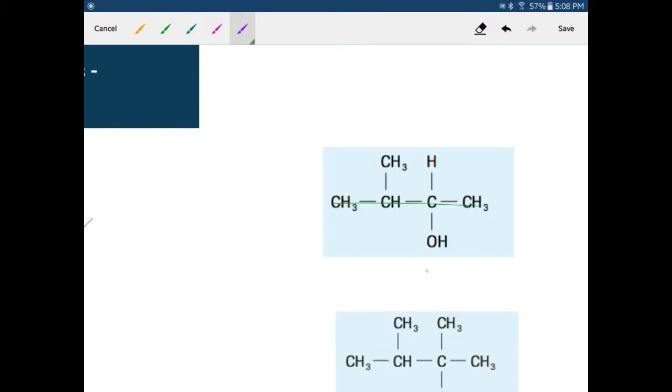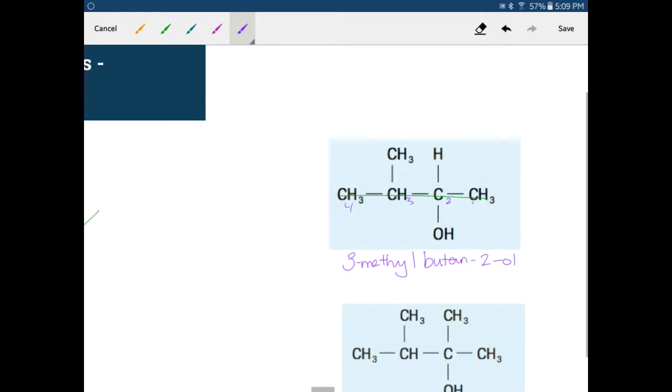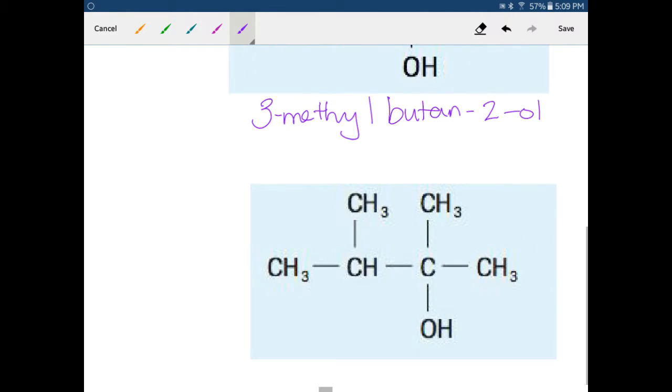I have 4 carbons in that parent chain, so it's butan, and it's 2 because it's coming off my second carbon. If I name them from 1, 2, 3, I give priority to that alcohol. So butan-2-ol. And it's a methyl group coming off my third carbon, so it's 3-methylbutan-2-ol.